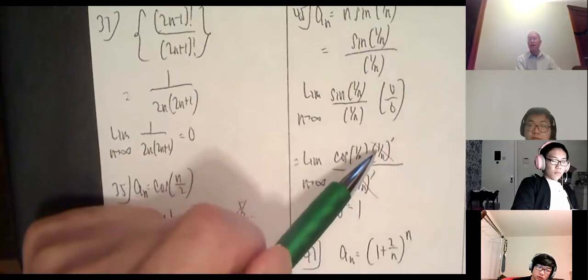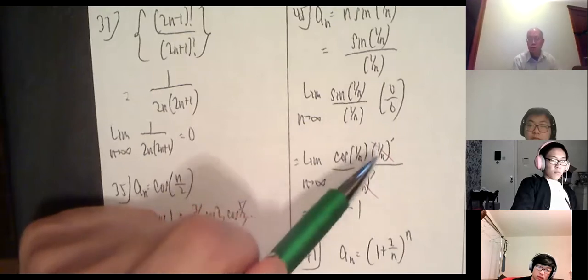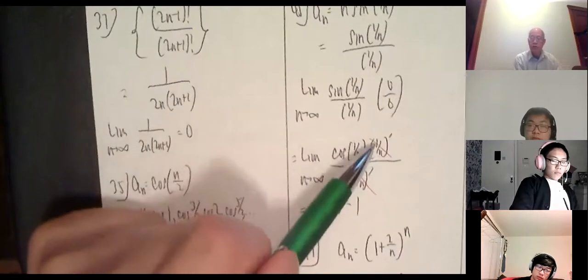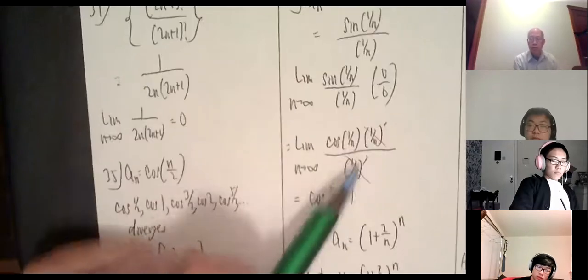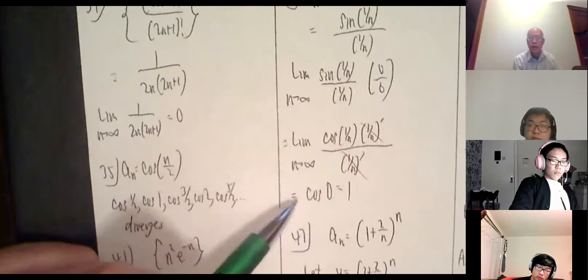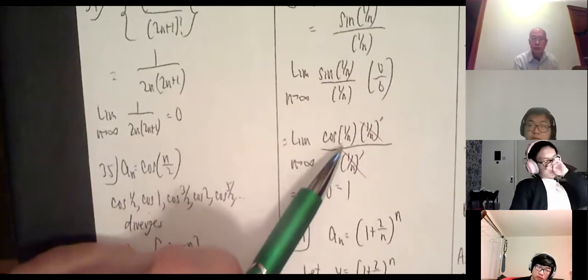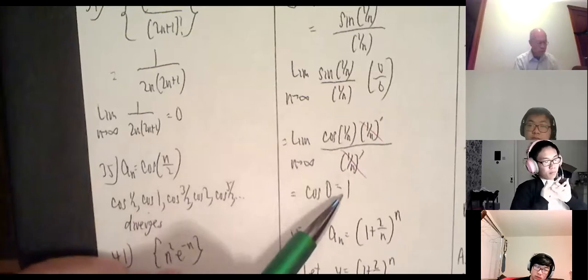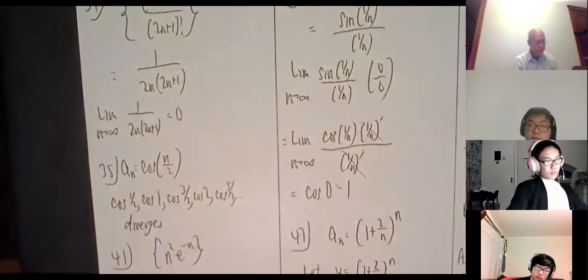You could make that n to the negative 1, whose derivative will be negative n to the negative 2, and then they would just cancel out. But you can cancel 1 over n prime, 1 over n prime. And now I can do this. When n gets super big, I have cosine of 0, and cosine of 0 is 1.